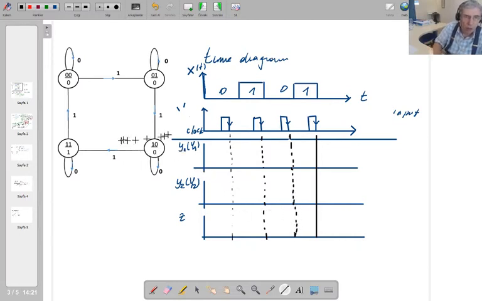Now, before the first clock pulse, my initial state I am going to observe. My initial state is 1, 1. So small y1 is 1, small y2 is 1. Afterwards I will be using this state. Now I am in here.